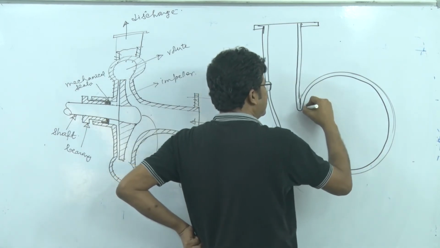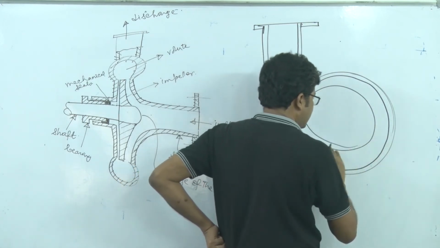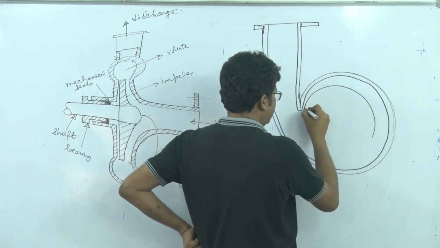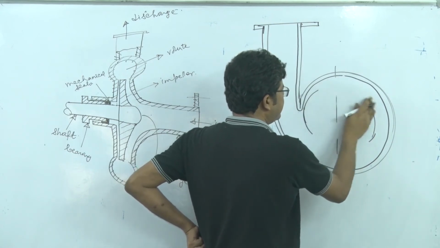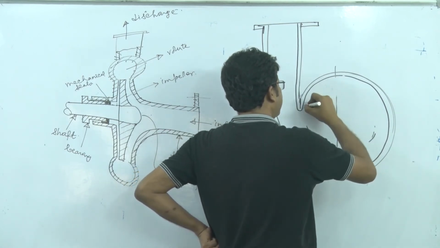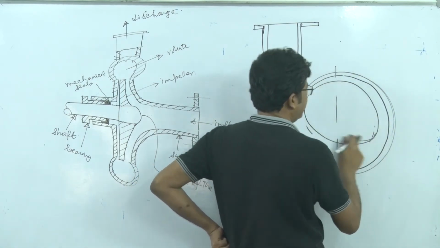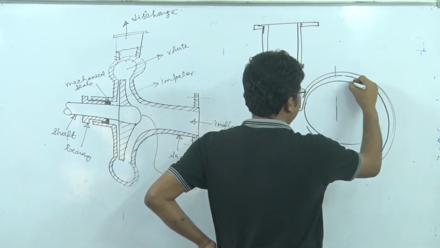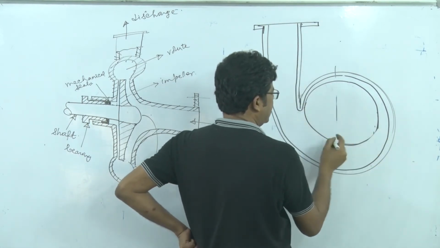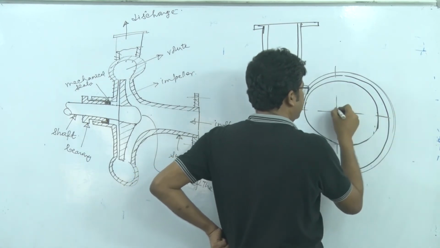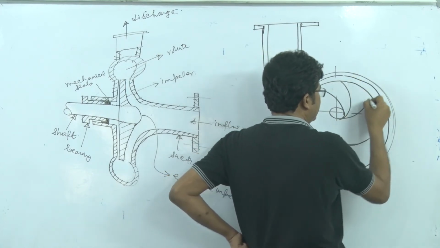Here we have the impeller. It must be a perfectly circular one. Okay, more or less it's this. This is the eye region, and here we have the vanes of the impeller.